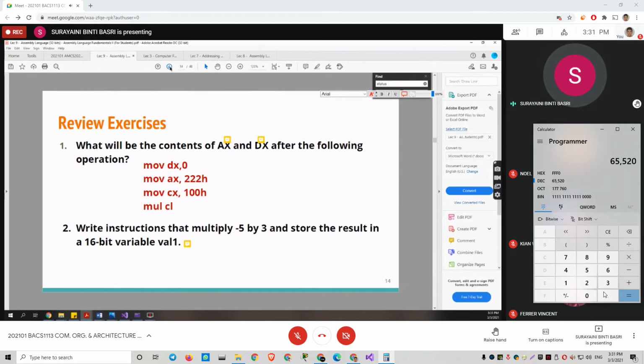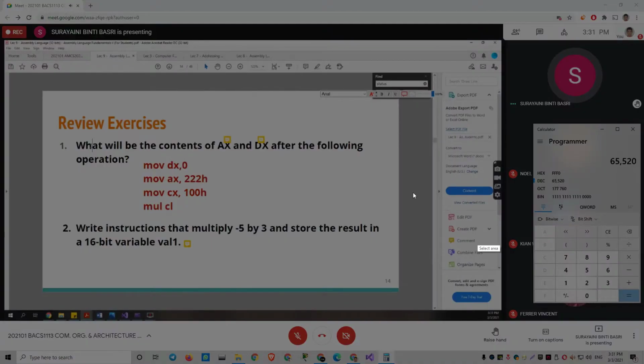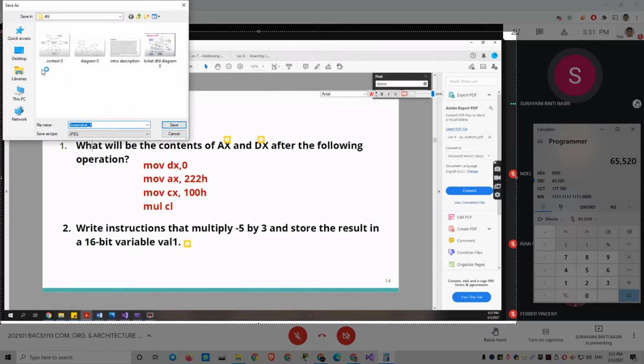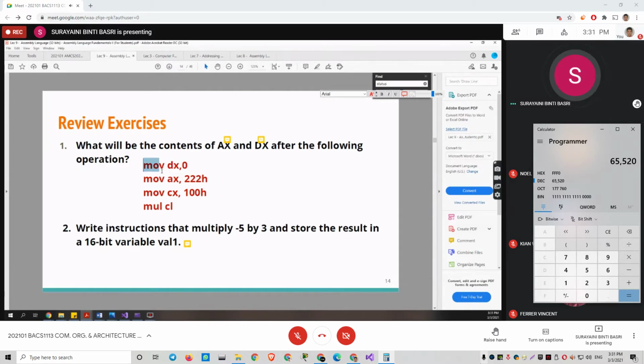Okay, so 30 minutes left. This is a review exercise. The review exercise is: what will be the content of AX and DX after the following operation? If you are opening your Visual Studio now, you can directly check this, but if not, you can check later.